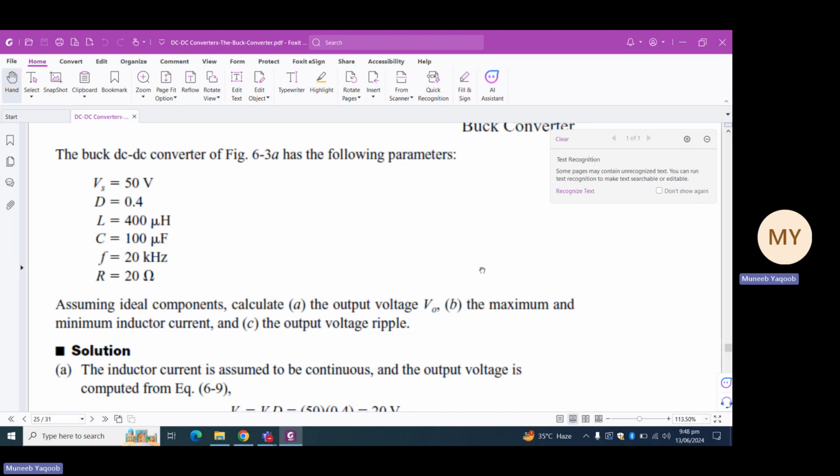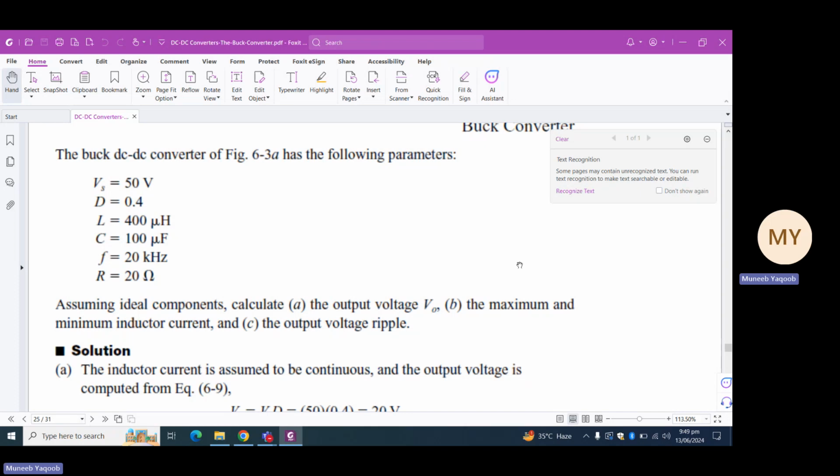The frequency given is 20 kilohertz and the load resistance is 20 ohm. It is our assumption that the components and the switches are ideal. Now we need to calculate the output voltage V out, the maximum and the minimum inductor current, that is I maximum and I minimum. Similarly, we need to calculate the output voltage ripple.